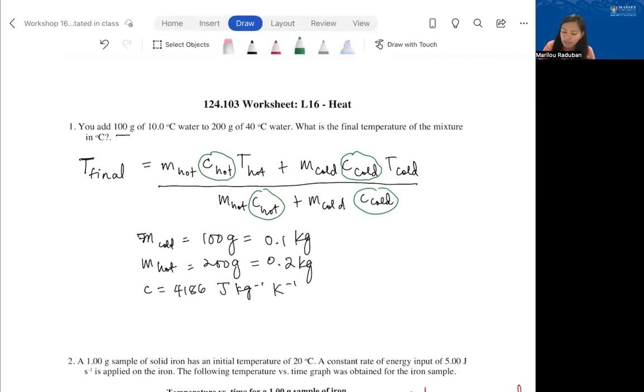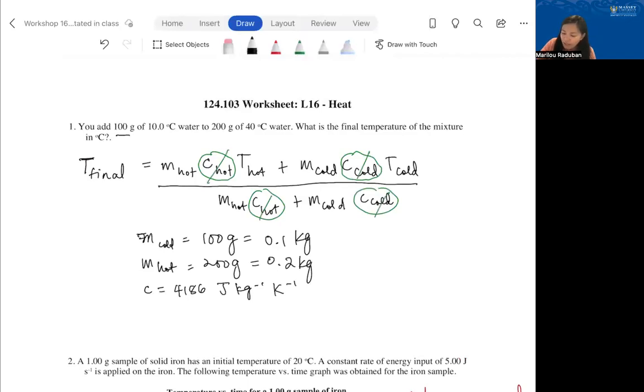And since the specific heat appears in each term of the equation, we can factor it out, right? We learned last time that if something occurs in all the terms, you can factor it out, and essentially you have specific heat in the numerator and specific heat in the denominator. So effectively, specific heat will cancel out of your equation.